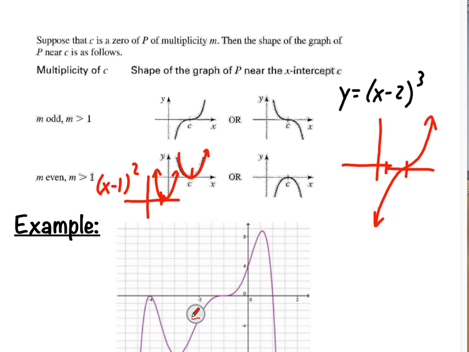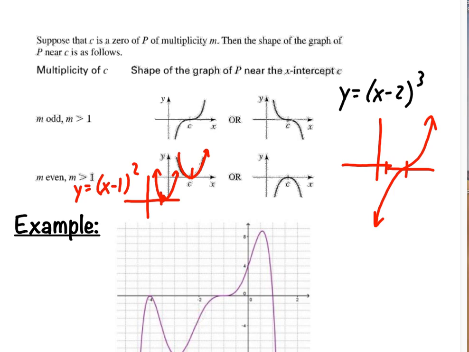It would have a multiplicity of 2. Graphing-wise, it would bounce at that spot. You'd start down, go through the point, and then bounce back up. So it goes back in the same direction as it started when the multiplicity is even.